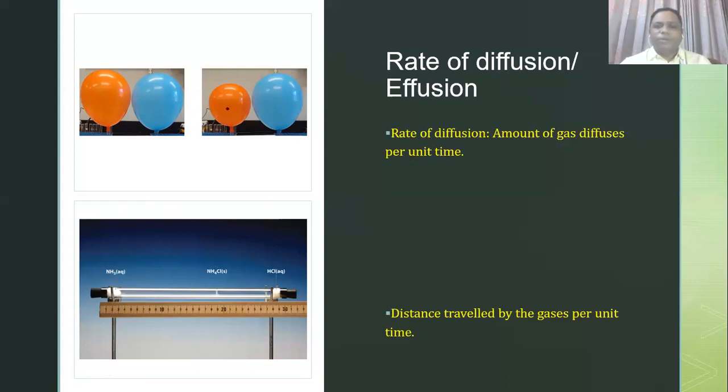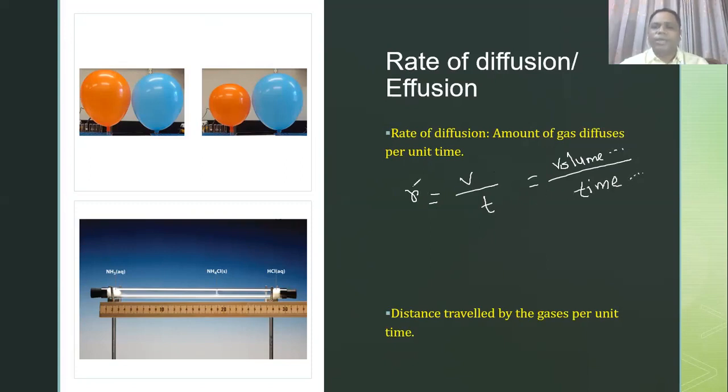The number of gas molecules coming out per unit time will be helpful for calculating the rate of diffusion. For example, we can write rate of diffusion R = V/T, where T is the time required for that diffusion, and V is the volume of gas molecules diffused.